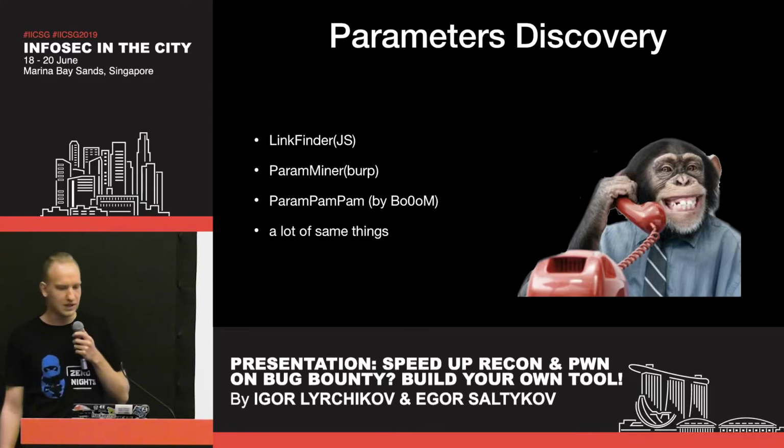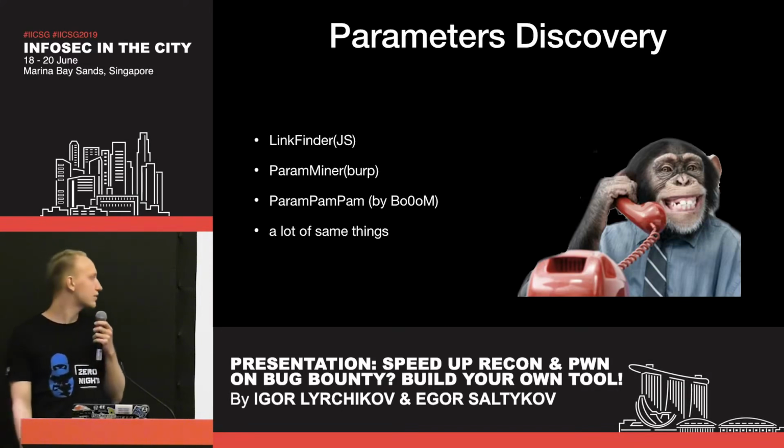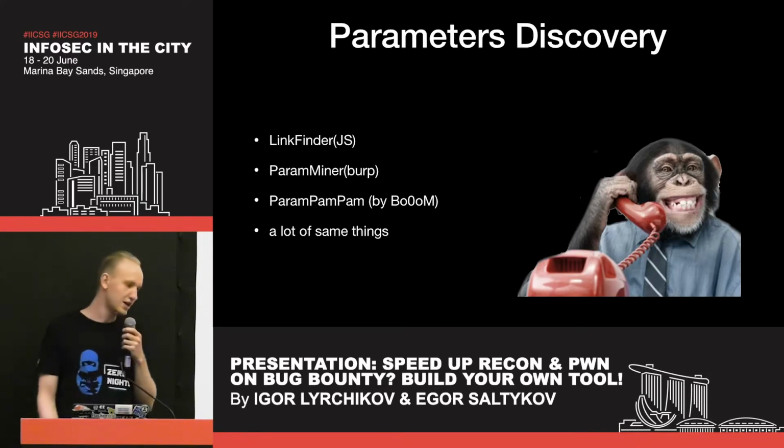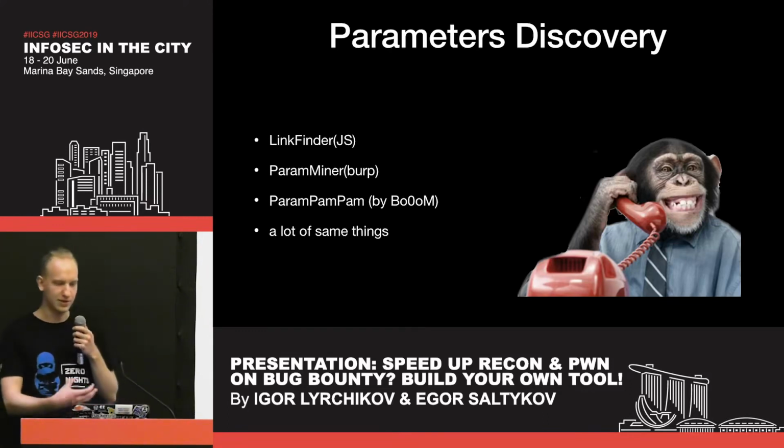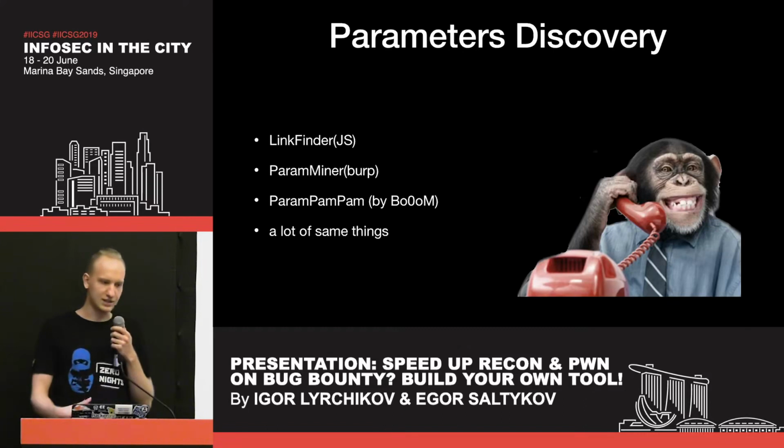But first of all, you need to analyze JavaScript files using, for example, the LinkFinder script, and you can try to extract these endpoints and parameters from existing content on the website, if we are talking about website analysis.